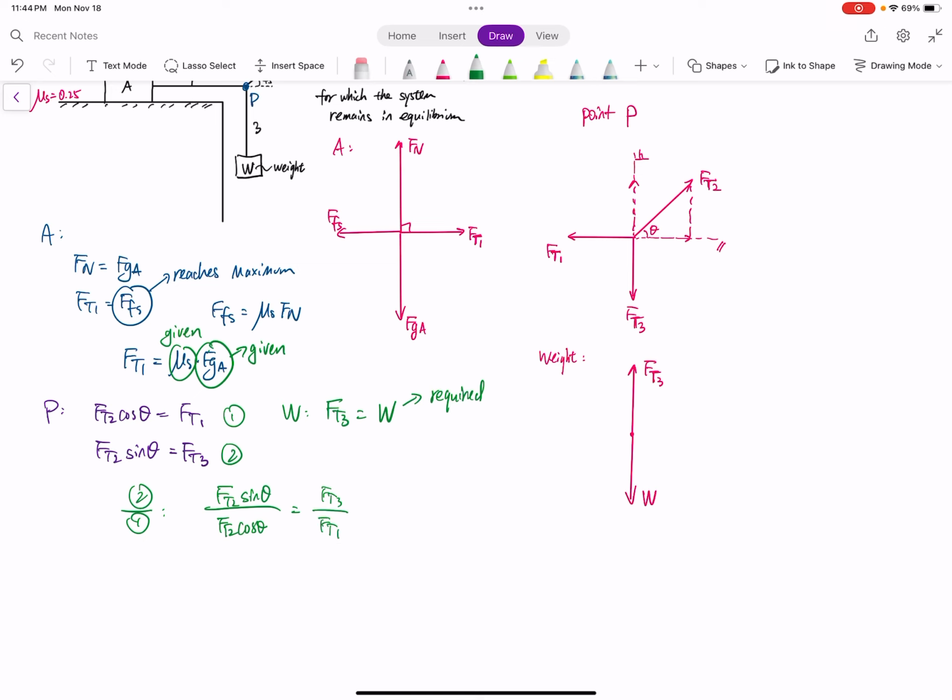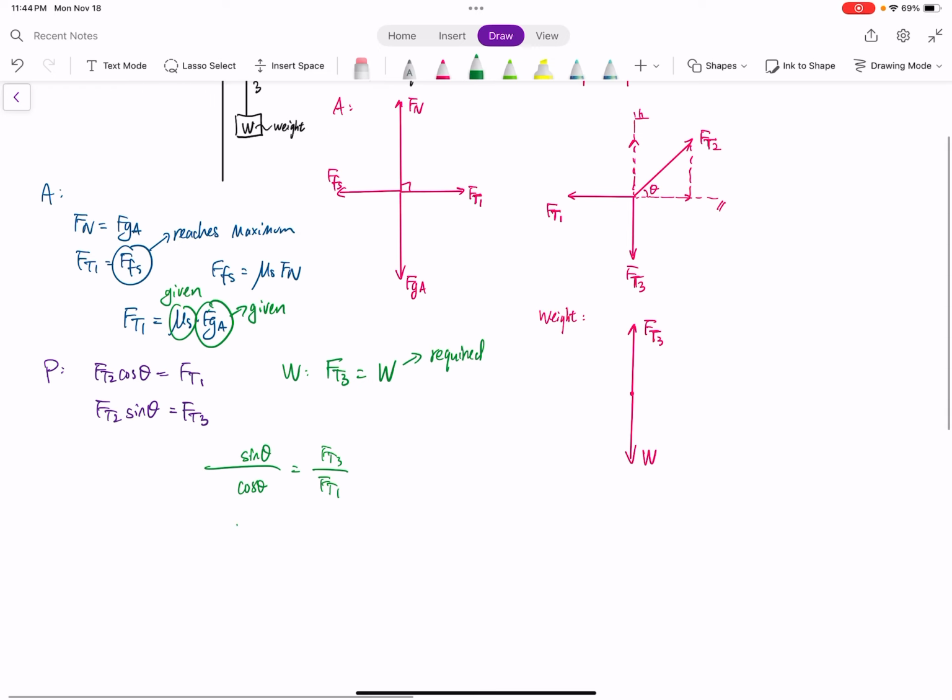And let's start to cancel things. So FT2 cancels out. So let's erase this so it can be cleaner. And so sine theta over cosine theta, what is that? That's tangent theta, right? Tangent theta equals FT3 over FT1.